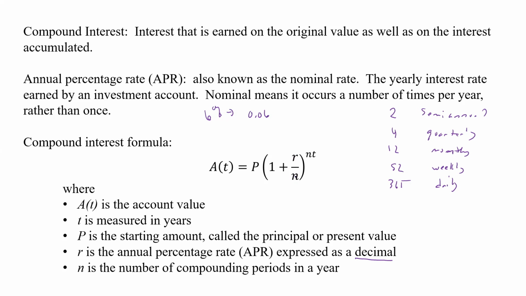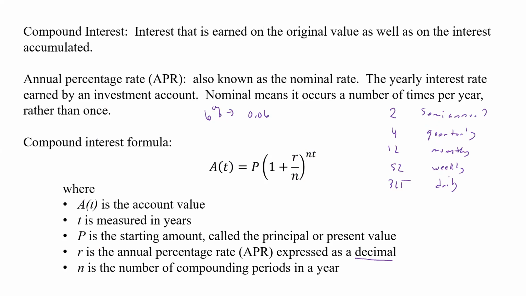N is going to be the number of times per year compounded. So depending on which, they might say it's quarterly, and you have to know that that's 4. Then that's 4 up here as well, if the N is 4, and then times T. So T is measured in years, and that's why we have to put these into this format so it bases it on a year. But that's going to be our equation for compound interest.